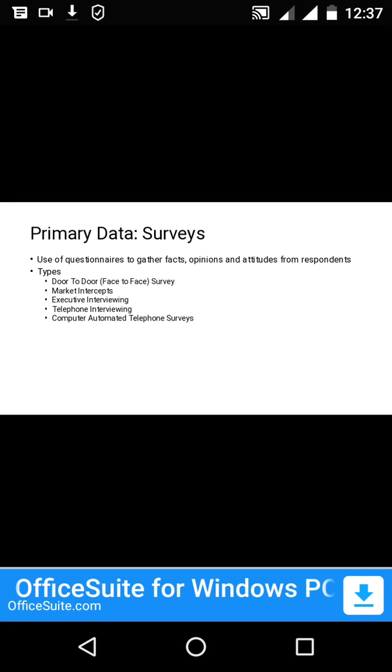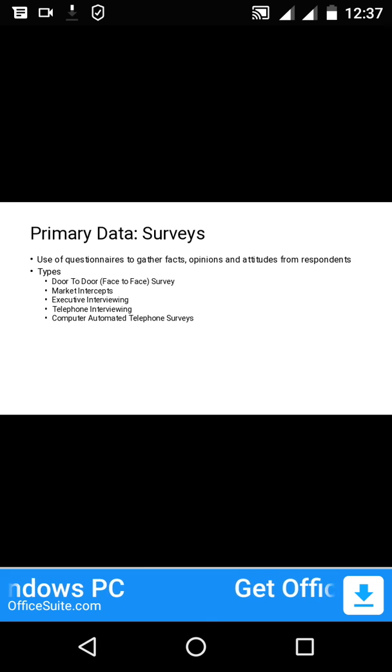Here, if you remember, in telephone interviewing we would be using a telecaller who would call up the respondent, ask the questions, and then note down the responses. But in this case, there would be a pre-recorded human voice which will be fed into the computer.